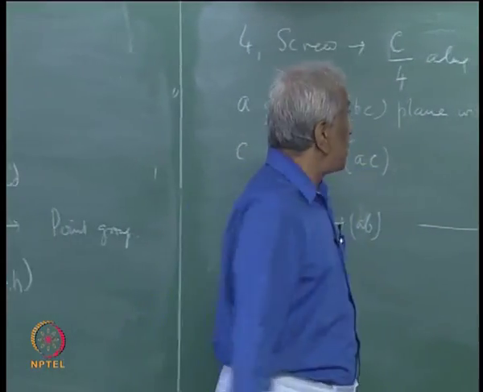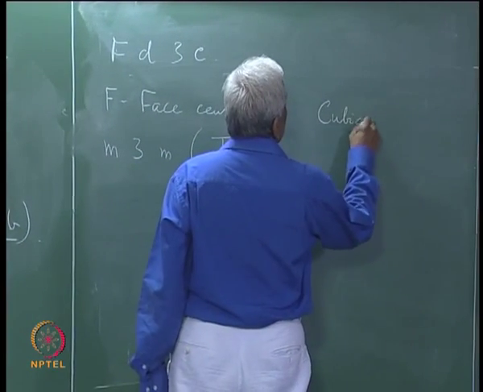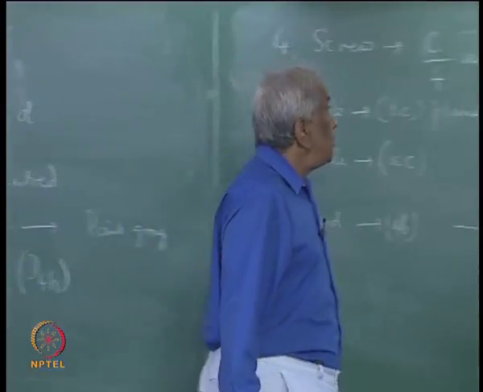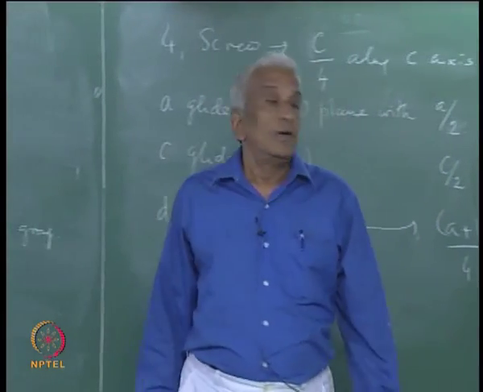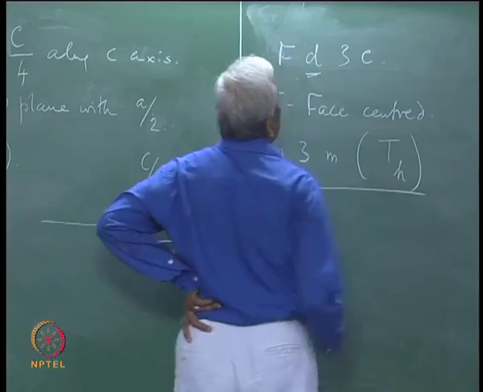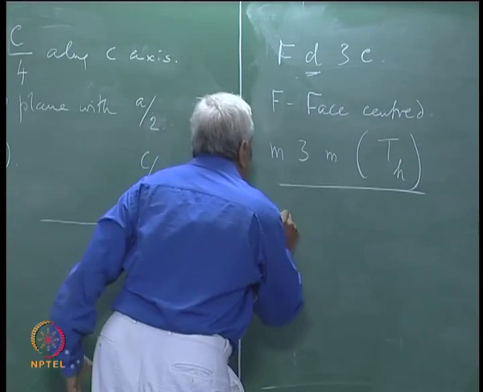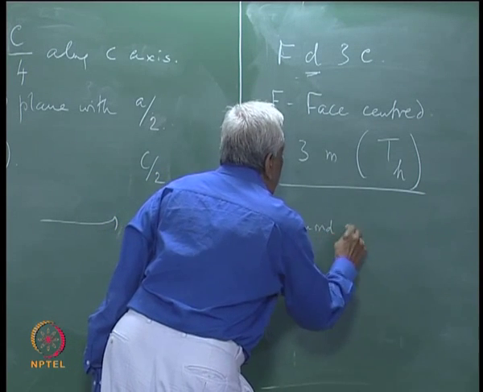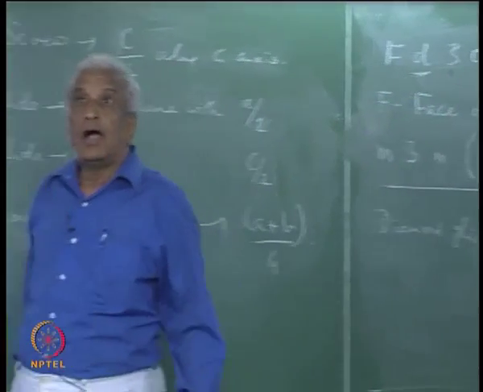So, it is a cubic crystal, it is a face centered cubic Bravais lattice with an isogonal point group m3m or Th. And we have a diamond glide. So, instead of the pure mirror plane, it is a diamond glide. This is a pure threefold axis and a c glide.